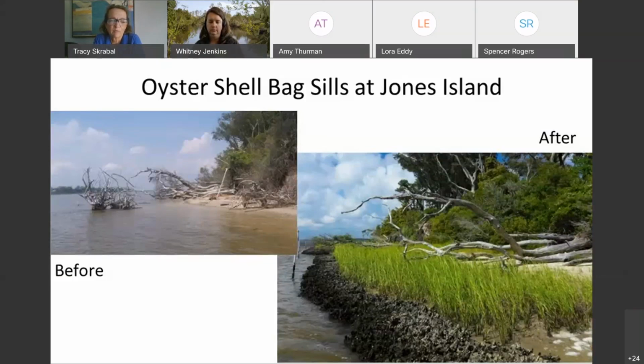This was a volunteer project, and we love this project because we kept the eroded features there, those trees which provide habitat for animals using this area, but we really established a very nice oyster bag reef that was then totally encrusted with oysters in a very short amount of time, and is very stable today on the shoreline. You can see the Jones Island when you drive over those bridges.